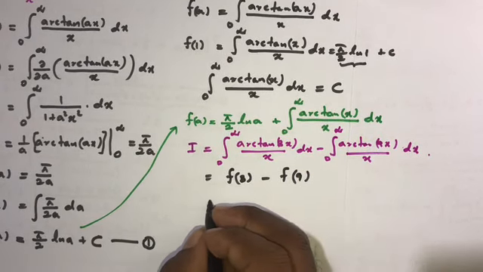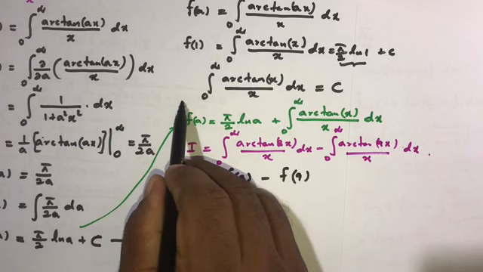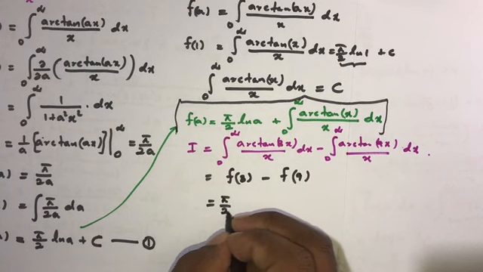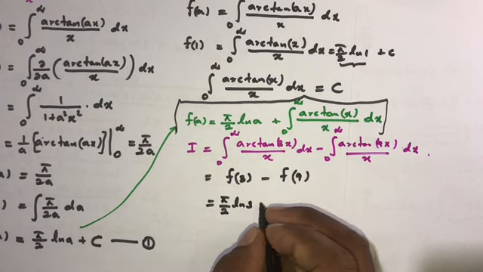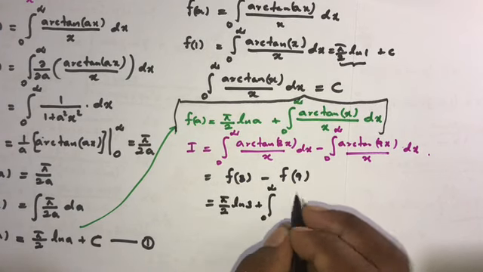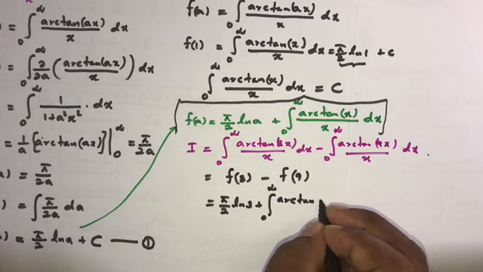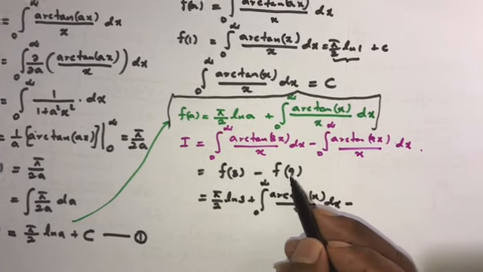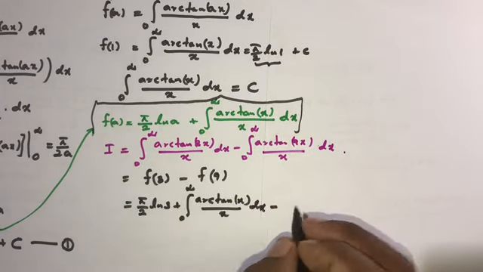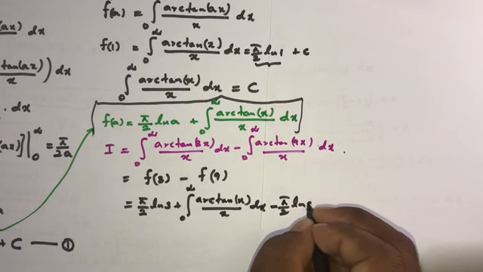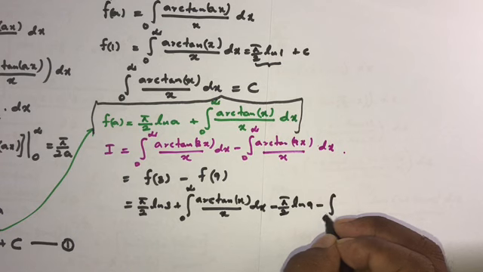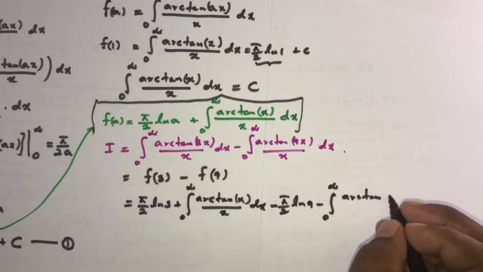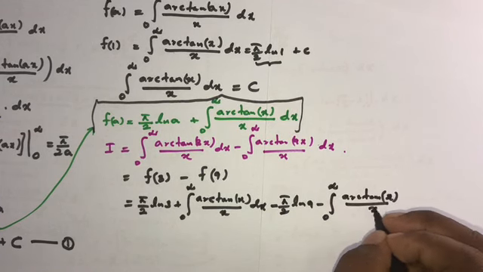Now we can write f of 3 using this equation: pi over 2 natural log of 3 plus the integral from 0 to infinity of arctan of x over x dx, minus f of 9, which we can write as pi over 2 natural log of 9 plus the integral from 0 to infinity of arctan of x over x dx.